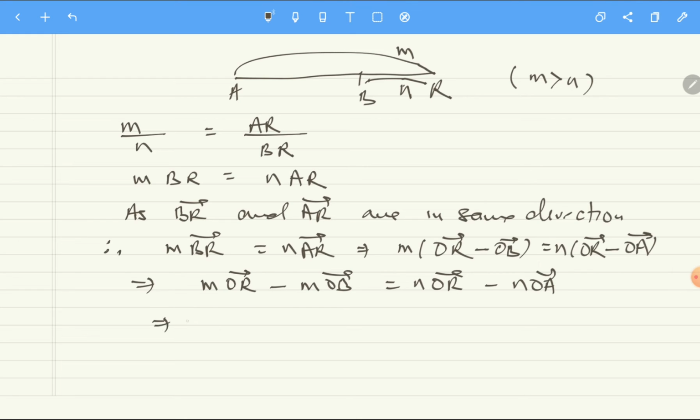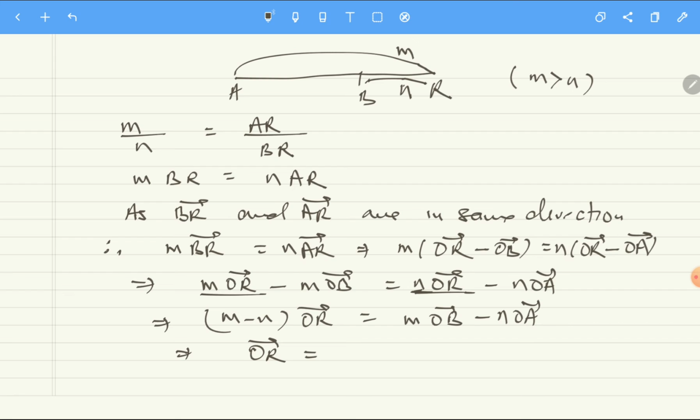Now we can write M minus N into OR vector, MOR minus NOR. So M minus N OR is MOB minus NOA. So we will get OR vector, position vector of point of division, OR is MOB minus NOA upon M minus N.